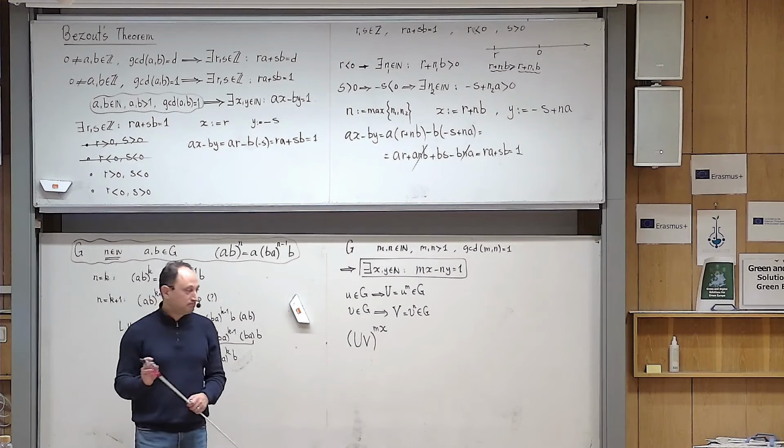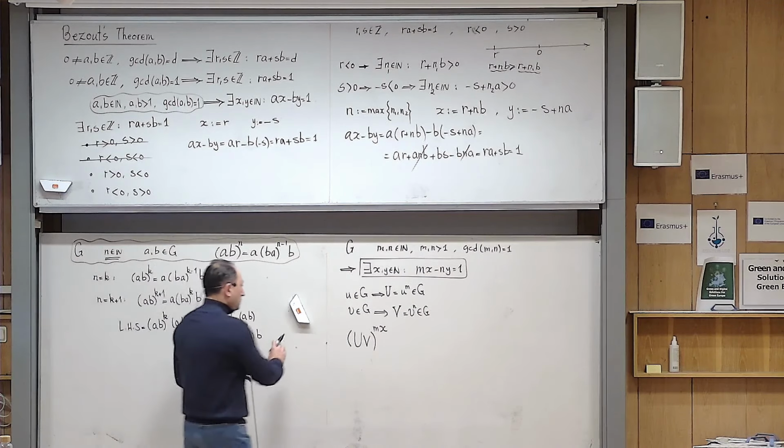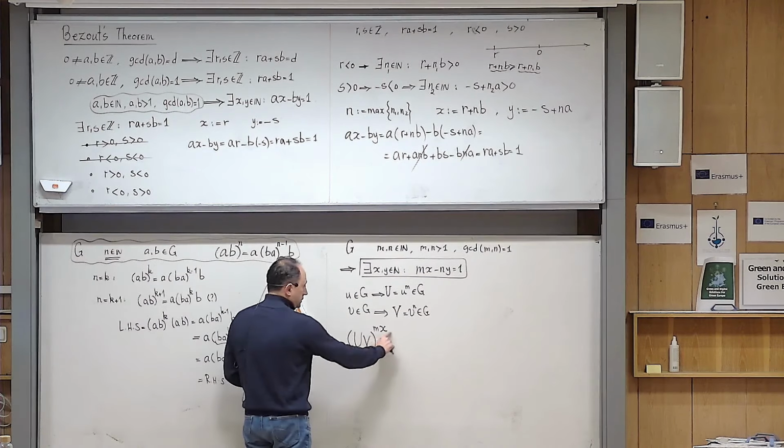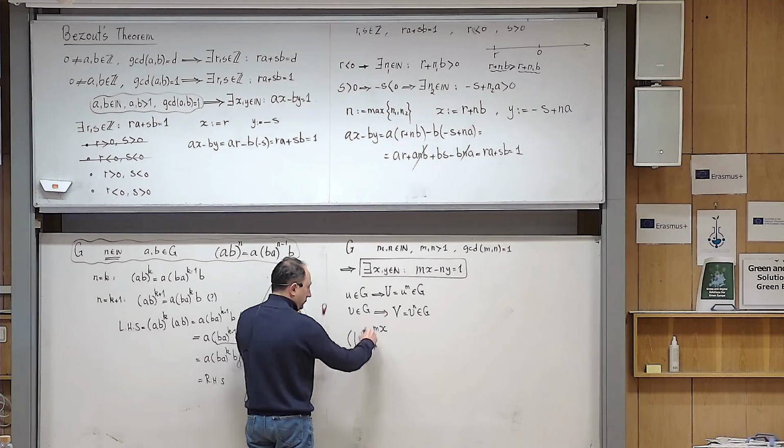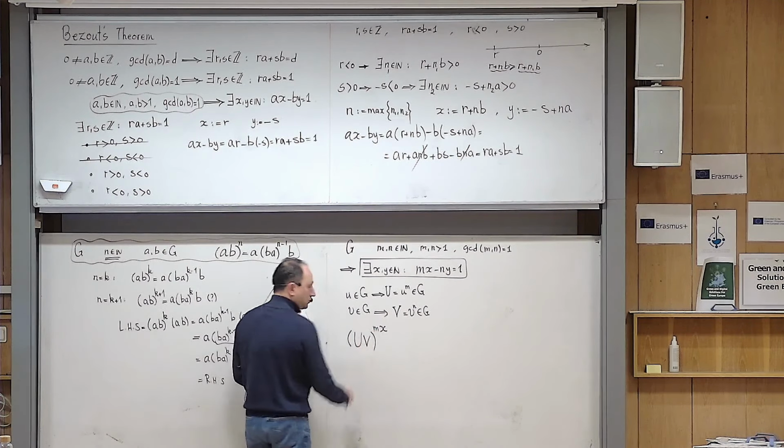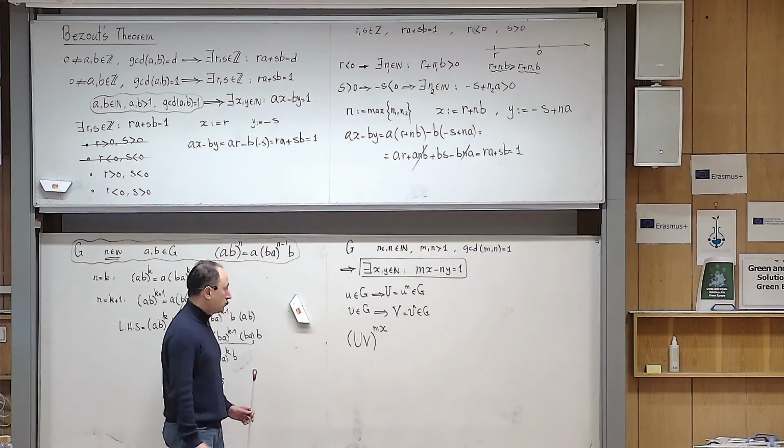Yes? I want to show that if the exponent you see is this mx, then within the pair of brackets I can commute them. So that is the whole point.